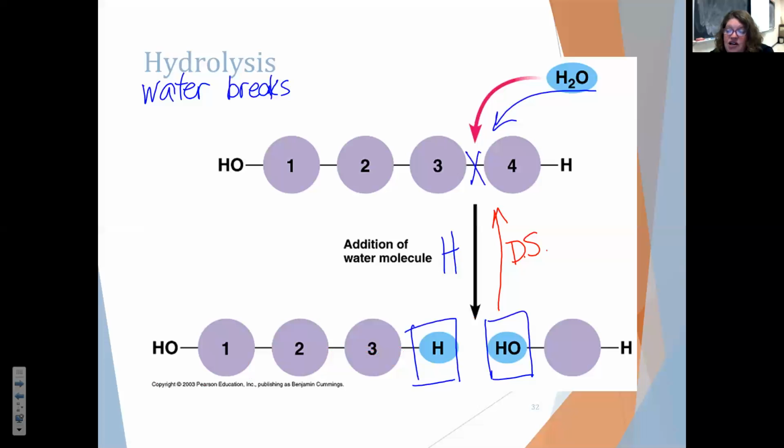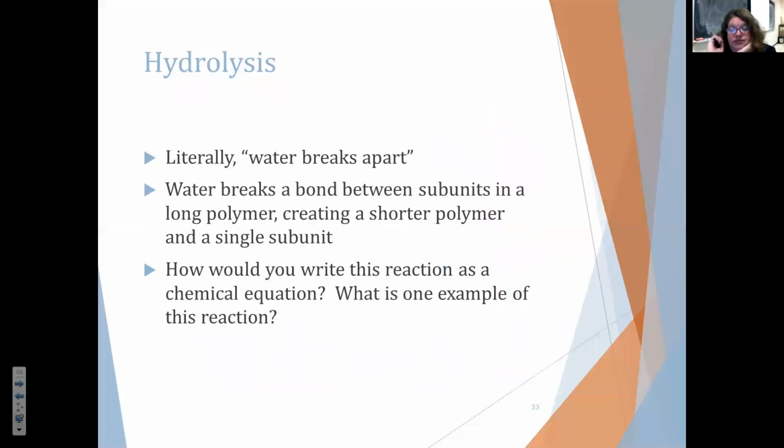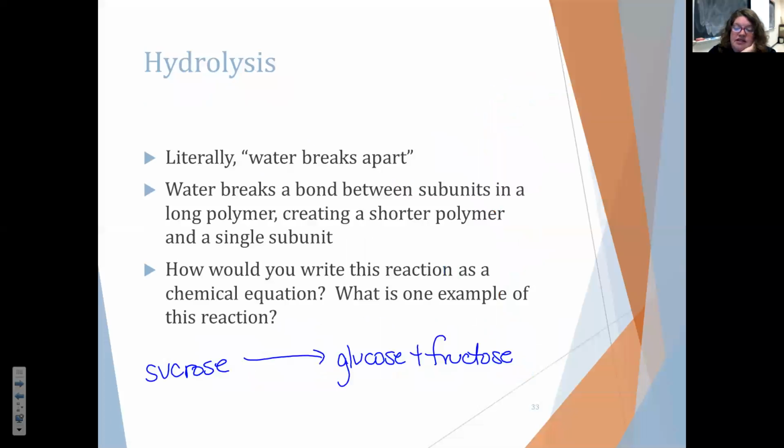Hydrolysis breaks them apart, and dehydration synthesis puts them together. One example is the one that we've already looked at, sucrose being broken down into monomers like glucose and fructose. And here we use the enzyme sucrase to do that.